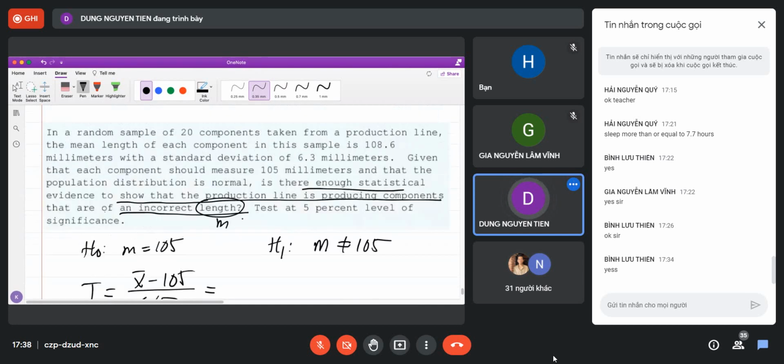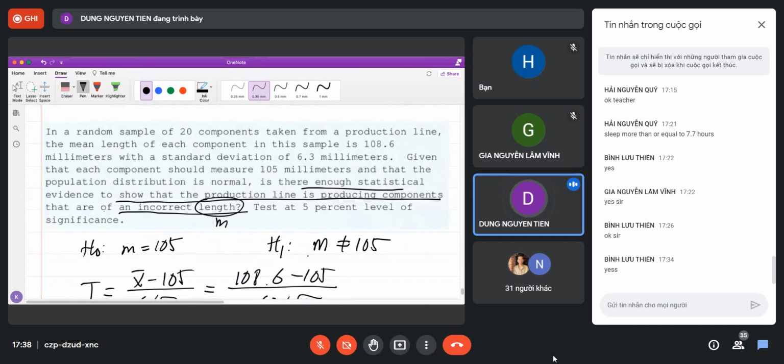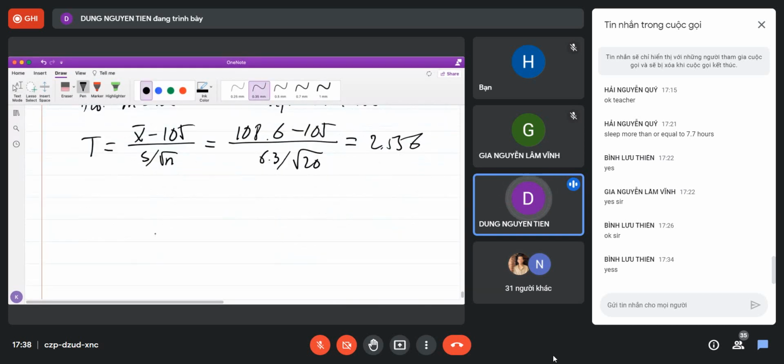This is 108.6 minus 105 over S, which is 6.3, over the square root of n, and in this case n is 20. Okay? And then you can get the value T. T is 2.556. All right? You can do the calculations to get that.